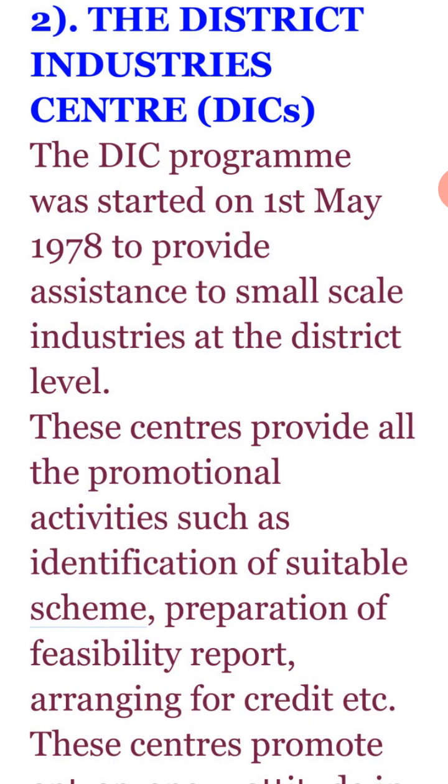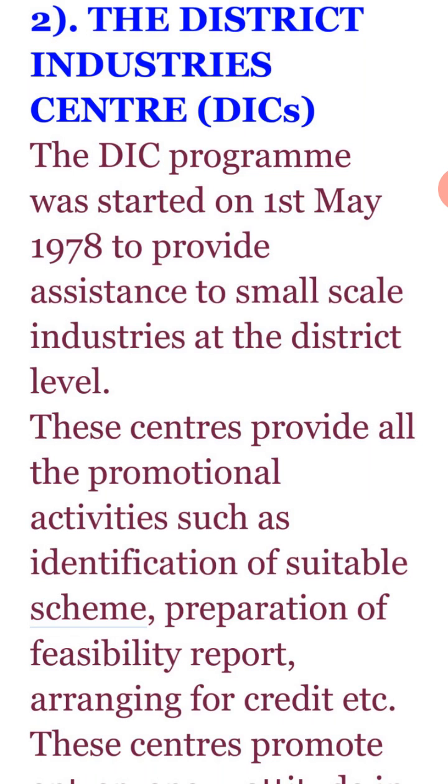Now the second one is the DIC, that is the District Industries Center. The DIC program was started on 1st May 1978 to provide assistance to small scale industries at the district level. It is important to note that it works at the district level only.